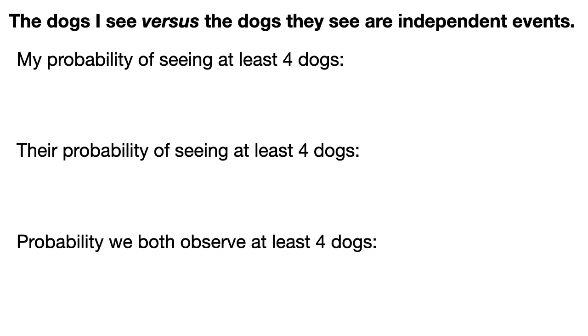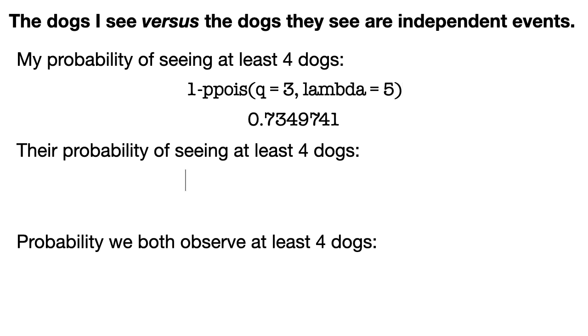Assuming the dogs I see and the dogs that they see are independent events, I can use our functions for the Poisson distribution to calculate my and their cumulative probabilities. What I want here is to subtract the cumulative probability of observing 3 dogs or less from 1 to obtain my probability of seeing 4 dogs or more.